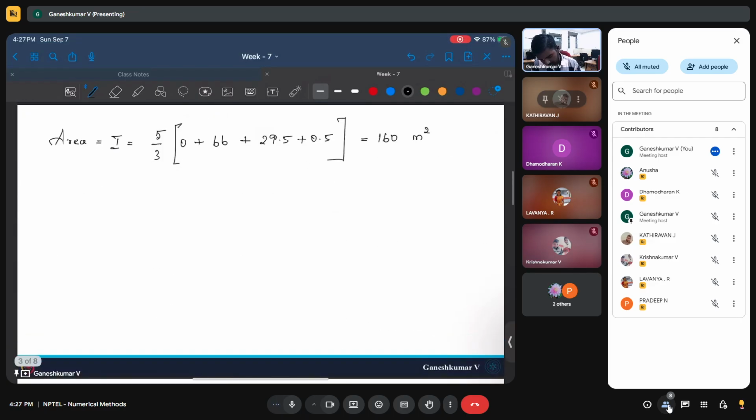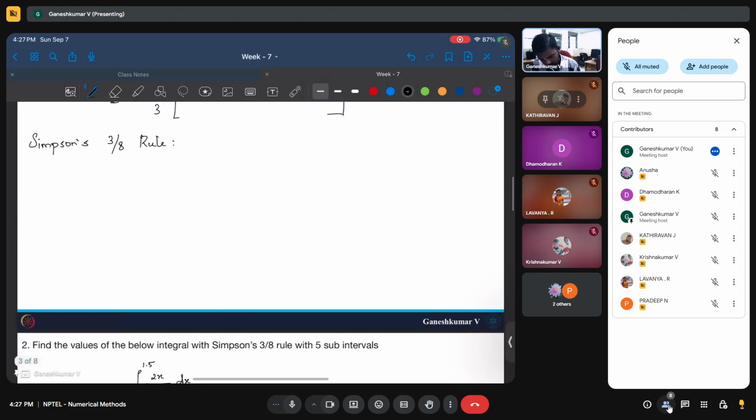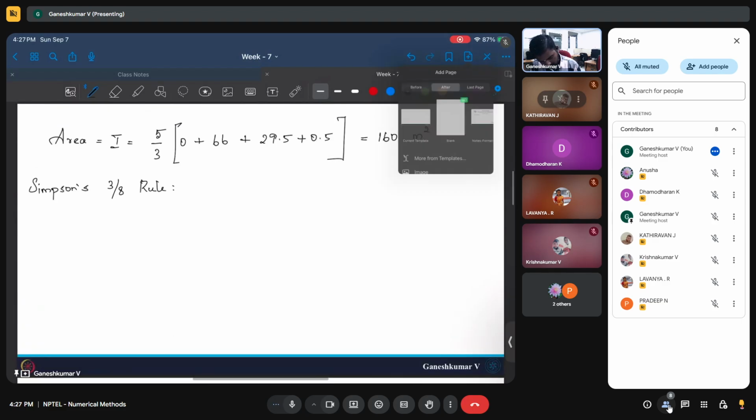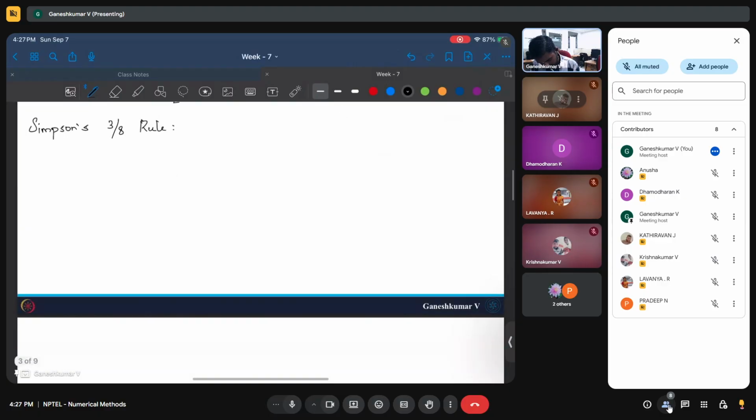So maybe let's try Simpson's 3/8 rule also, so that you will be comfortable with this approach. If you want to do Simpson 3/8 rule, what will you do? Let's get back to the formula.